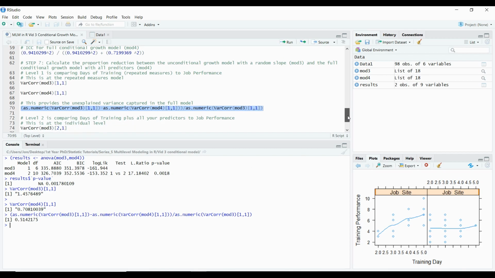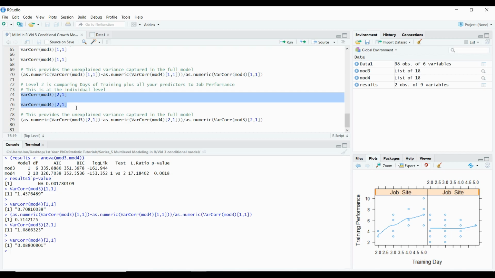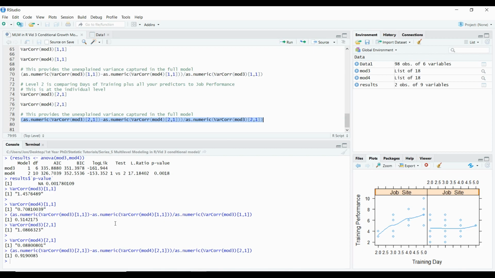But now it's really level 2, when we have our predictors in place, that we're going to be able to see how much more variance is being explained. So let's run these now. And now run this specific formula, which once again you'll just have to include your own models in to calculate proportion reduction. Run, and wow, 91%.